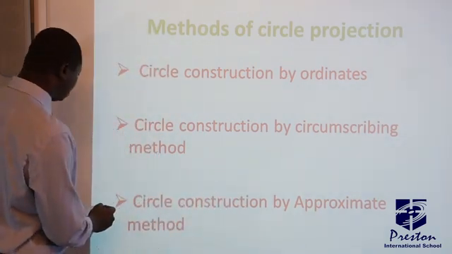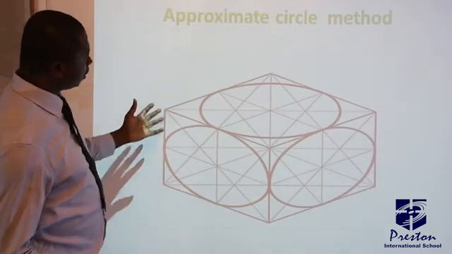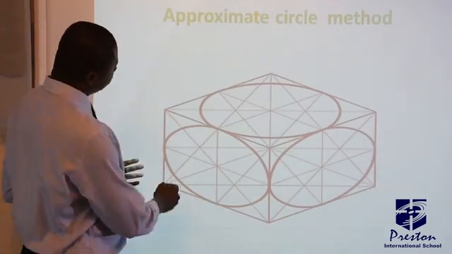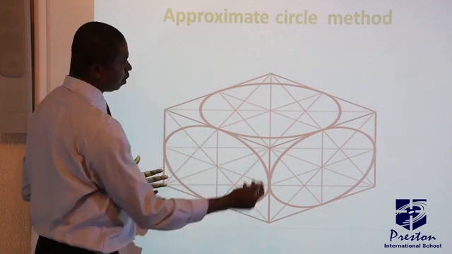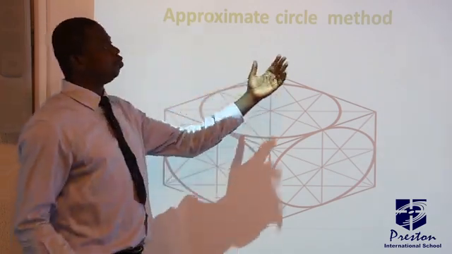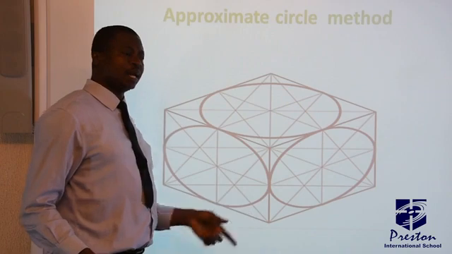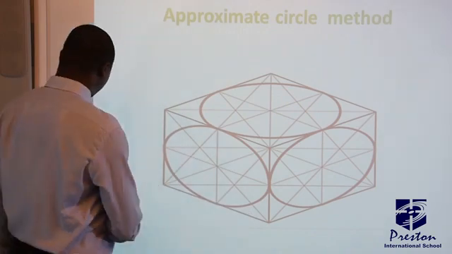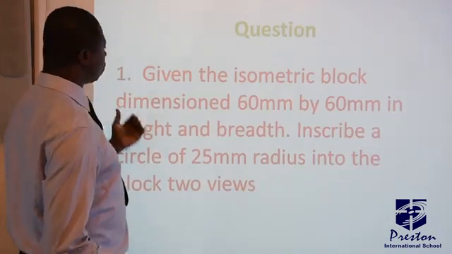Now let's look at the block view. You can see the block. How do you represent this circle on the block? We can use the approximate circle method, which we're going to consider in our next slide. So now let's look at it. This is the question.